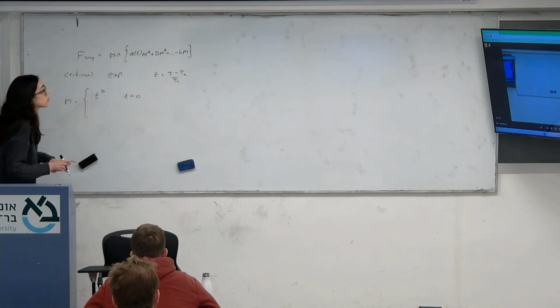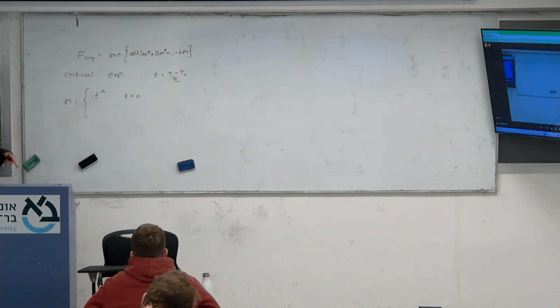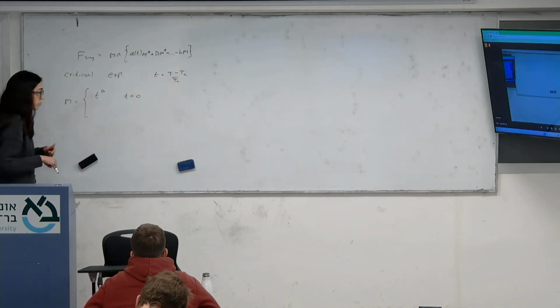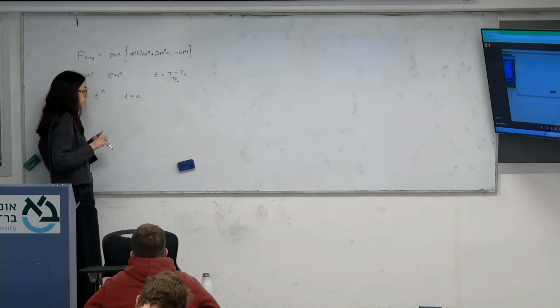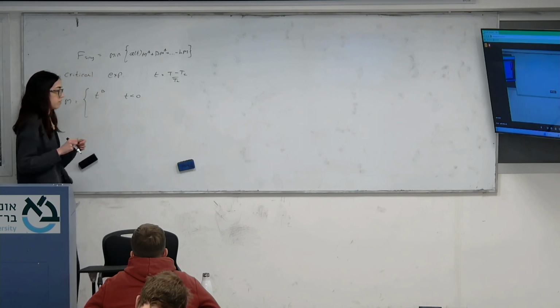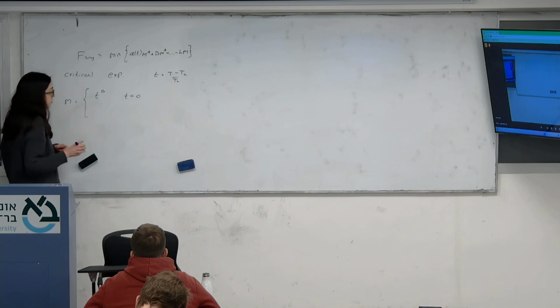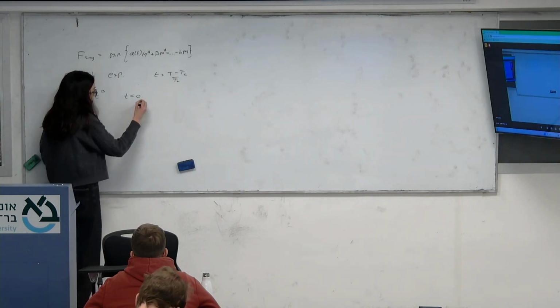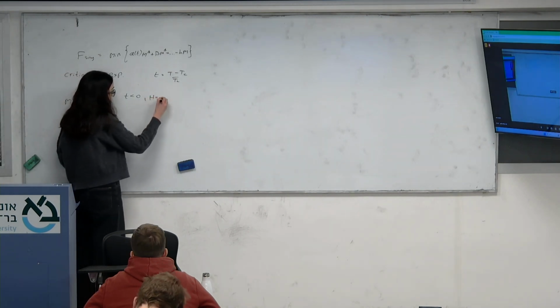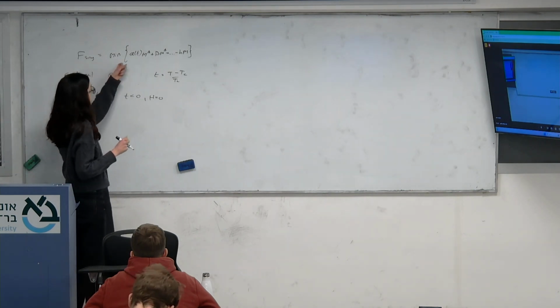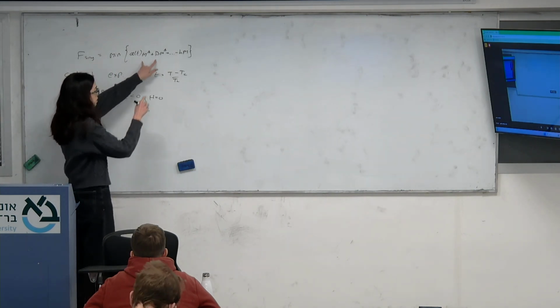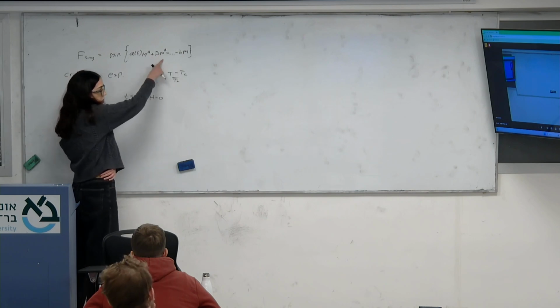So when the temperature is smaller than the critical temperature, we are in the ordered phase. So this is the behavior of the order parameter, where h equals 0, and we got it by minimizing the energy and looking at the first two terms.